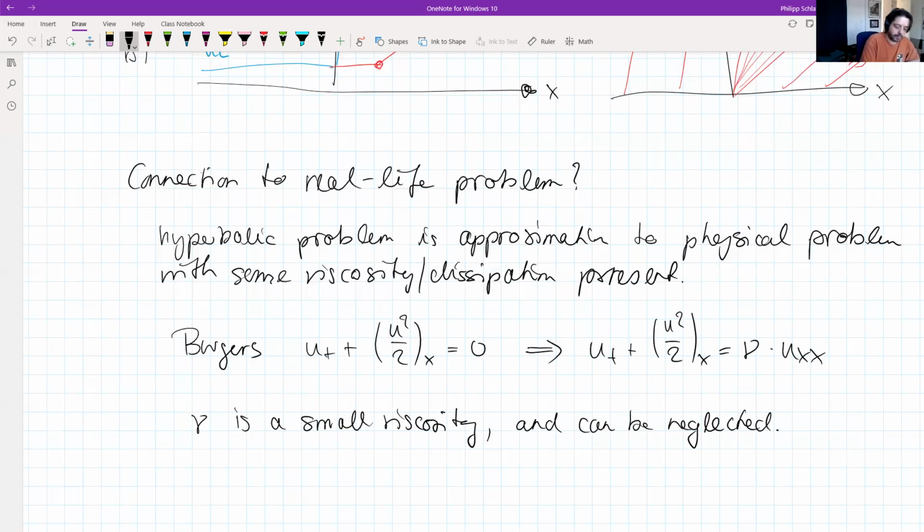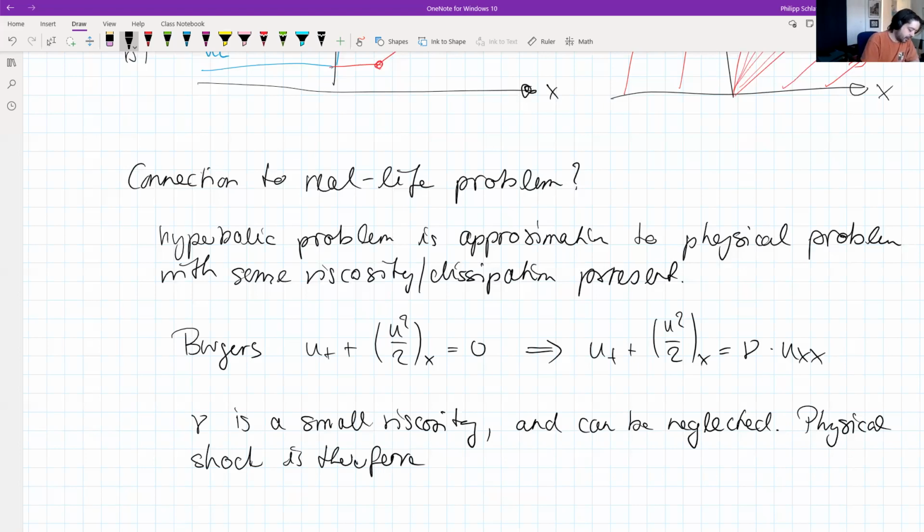But in the physical world, of course, it would be present, and it would mean that a physical shock is therefore a solution to the problem on the right, where there's a little bit of viscosity present, and this viscosity then acts as smoothing out the really discontinuous solution to the hyperbolic problem.